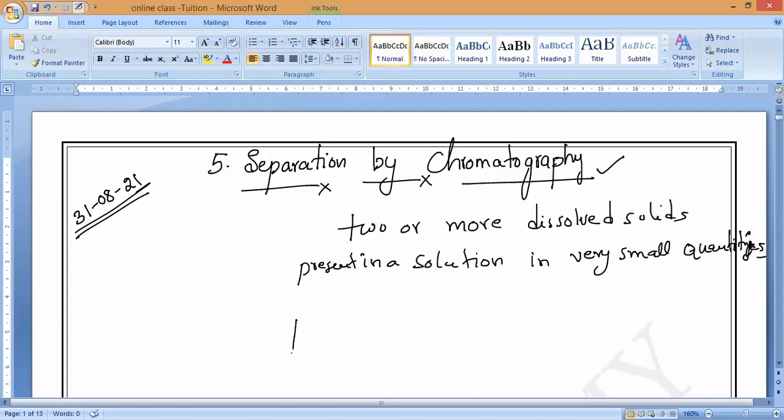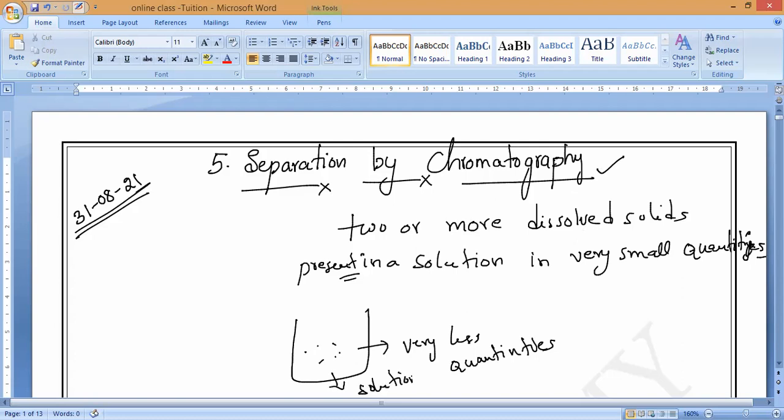If you take any solution containing water, with two or more dissolved solids present in very small quantities, then which technique can we use? Chromatography.